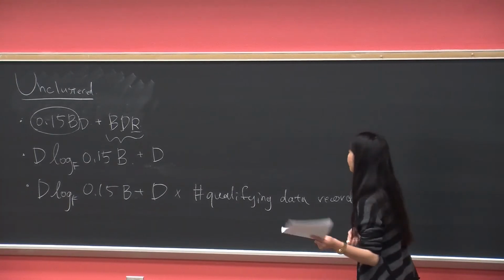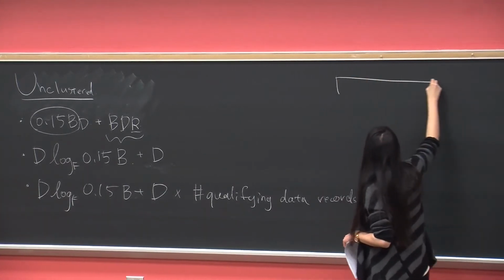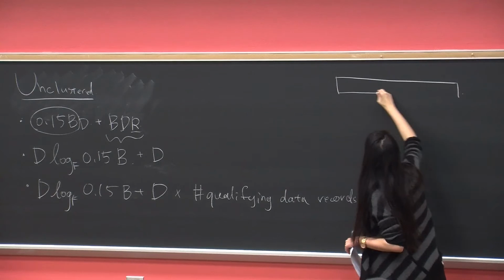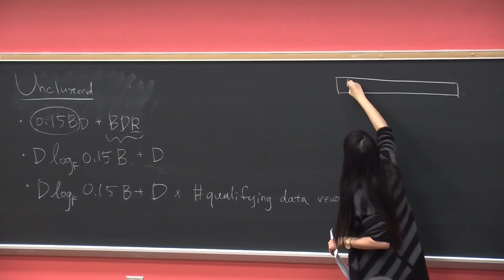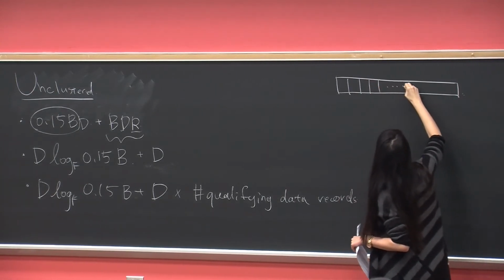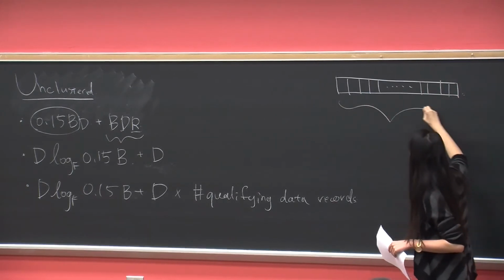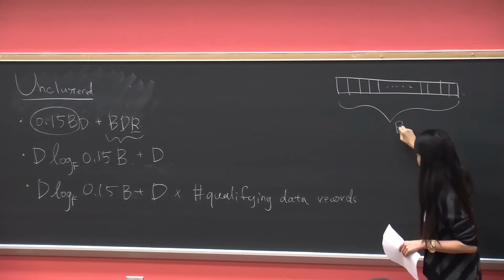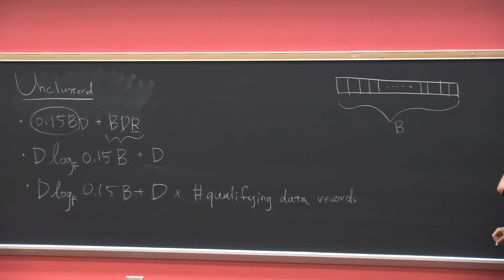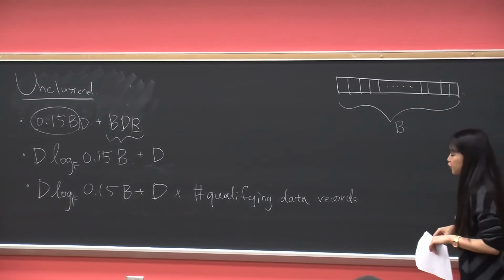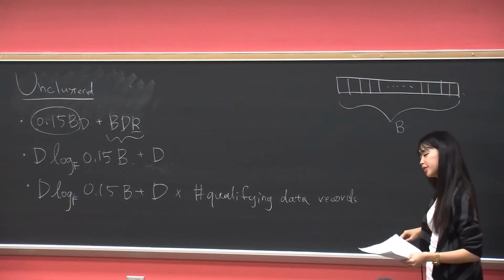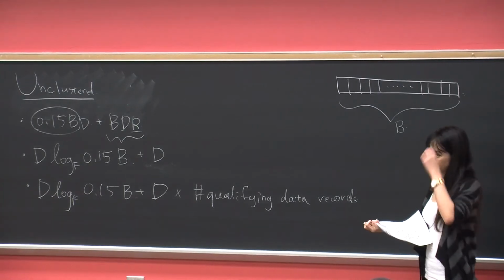If we have D data pages, what is the cost for searching in a sorted file if the assumption is binary search?